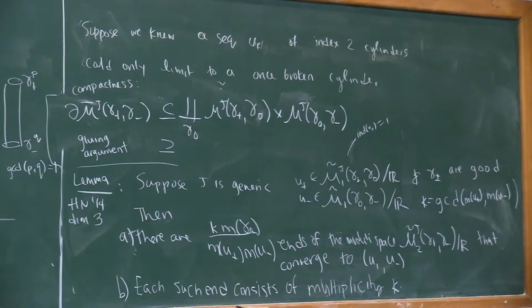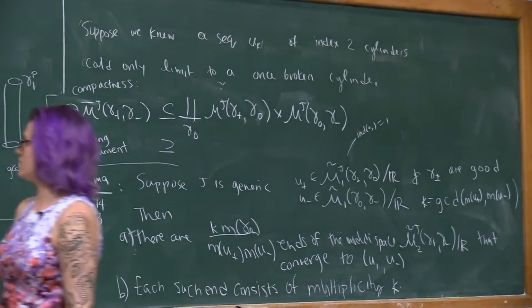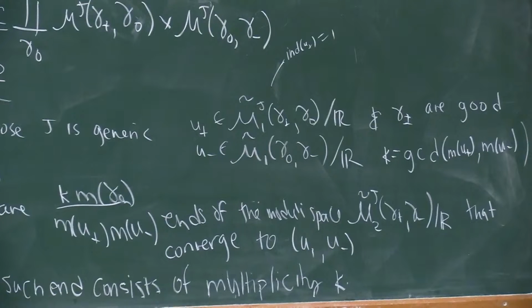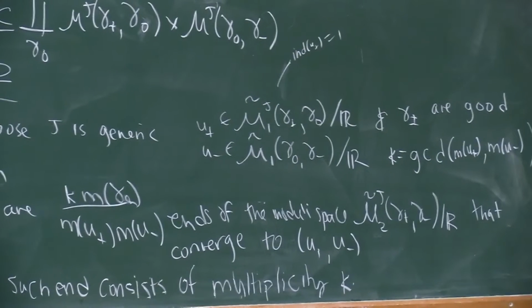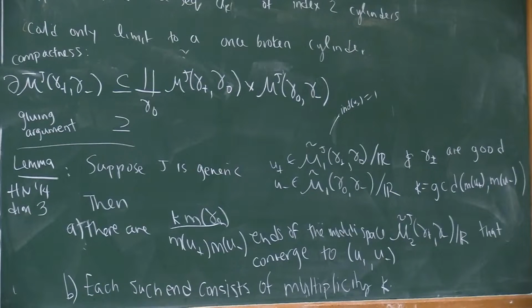And then the way that you can say that delta kappa delta is going to be 0 is because, so delta kappa delta, this is going to be m of gamma 0, then you'll have an m of u plus and an m of u minus.